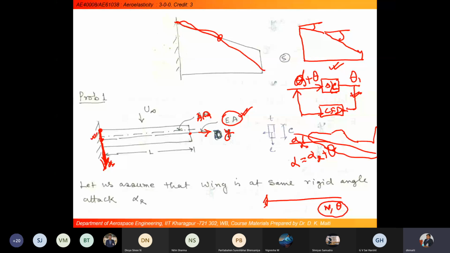Bending deflection will be taken as positive upward, with respect to our right hand screw rule, whatever we have taken in our positive axis system. So upward positive.